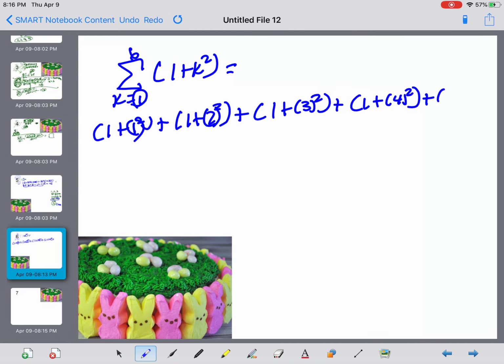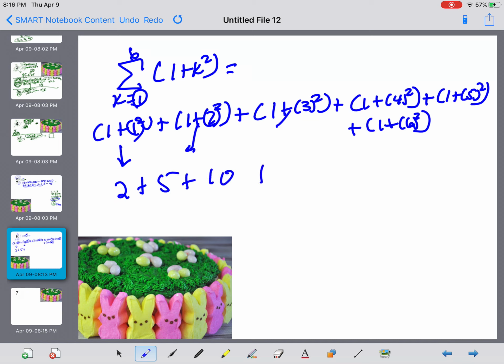The next one is 1 plus 4 squared. And the next one is 1 plus 5 squared. And the last one is 1 plus 6 squared. All right, so this gives me 2 plus 5 plus 10 plus 17 plus 26 plus 37.